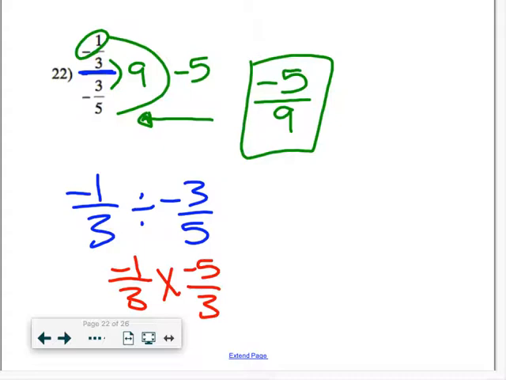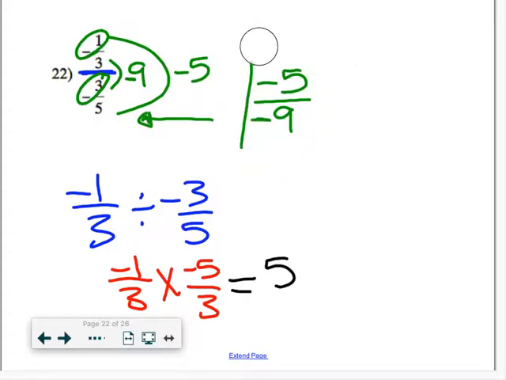And we leave, change division to multiplication, flip the fraction. Now in this case we can't cross cancel, but I didn't know that until I flipped it. -1 times -5, +5. Mrs. U-Haul did a boo-boo up here. Well, maybe you caught me. 3 times the -3 is -9. -5 over -9 is that +5 over 9.